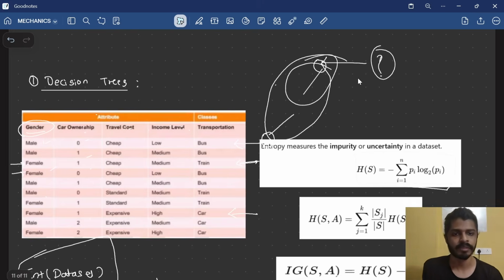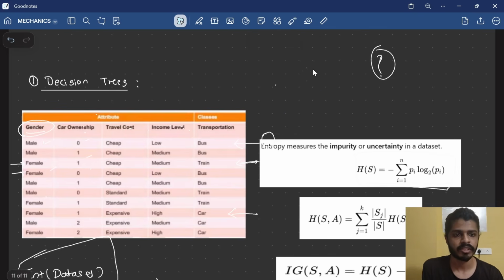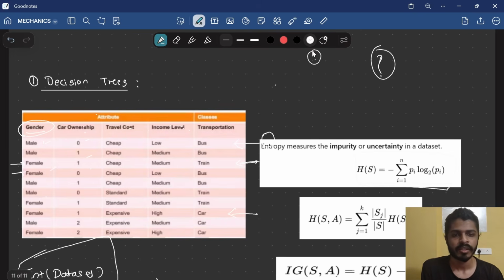So how is it decided? It is decided with a decision tree. To build any decision, like if the gender is given and car ownership is this and the travel cost is this, then they should select this transportation method.